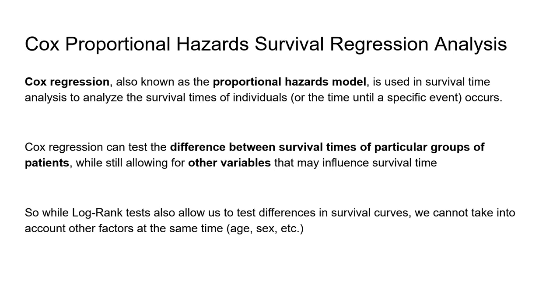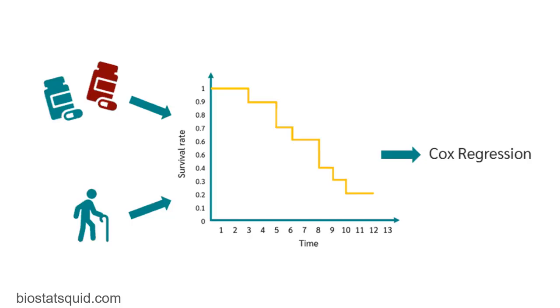But we can allow for other covariates like age or size of tumor or the amount of a specific medication given, right? But we can also look at other explanatory factors that are also categorical. And so we can build more complex models that look at multiple variables at a time, and we can actually get an estimate of the effect size or how much survival differs here, right?